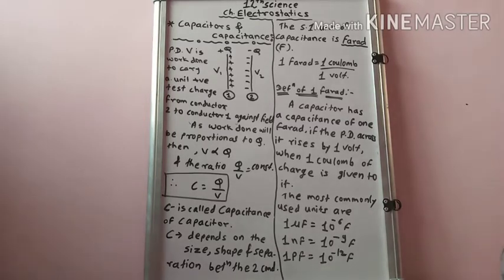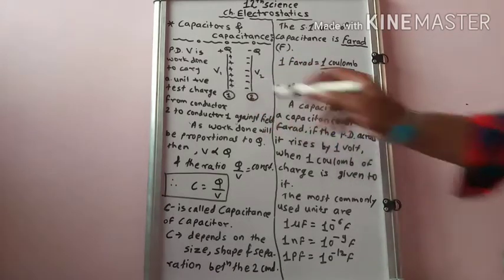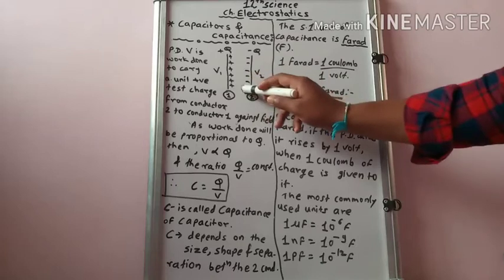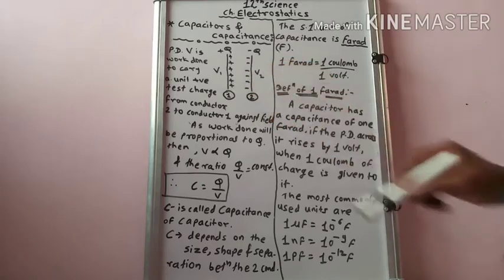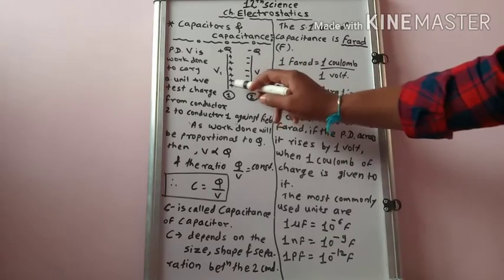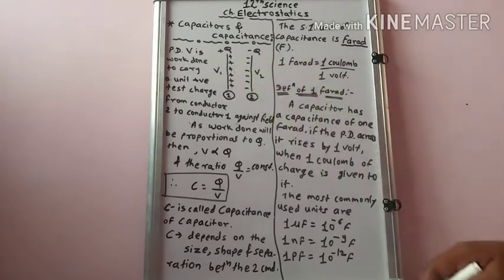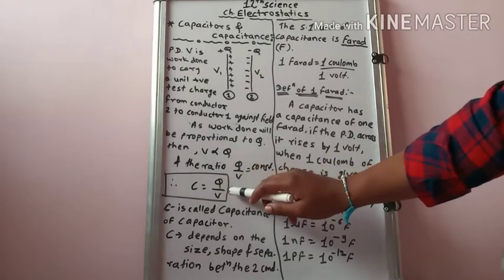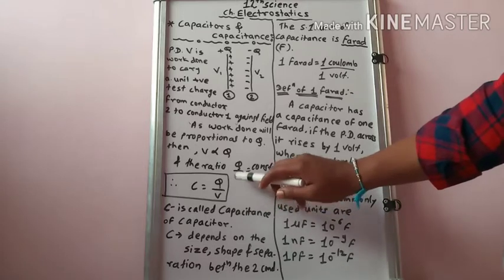What is the capacitor? Capacitor is the arrangement of two conductors separated by some distance and filled with the dielectric medium, having equal charges but opposite in nature, positive and negative. This is the capacitor and C is equal to Q upon V. It is the formula for the capacitance of a capacitor.